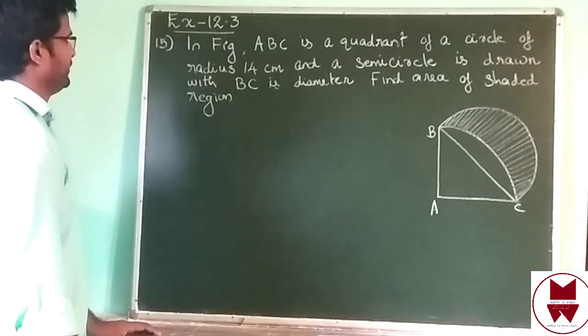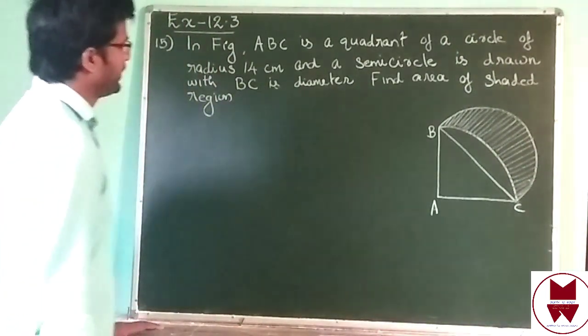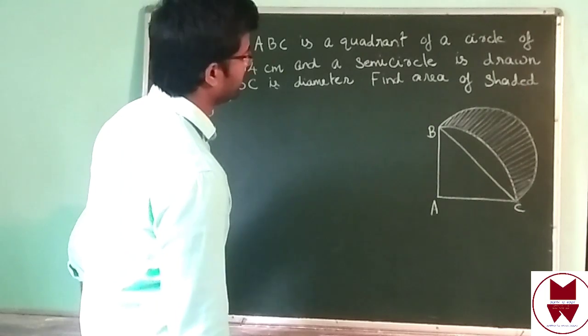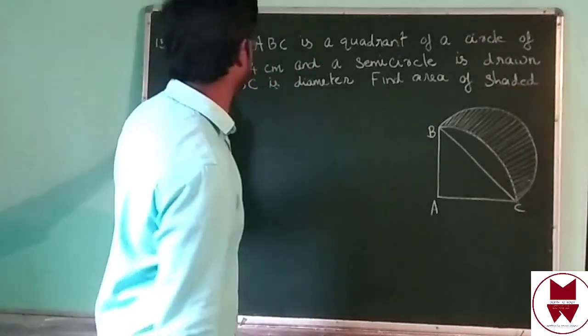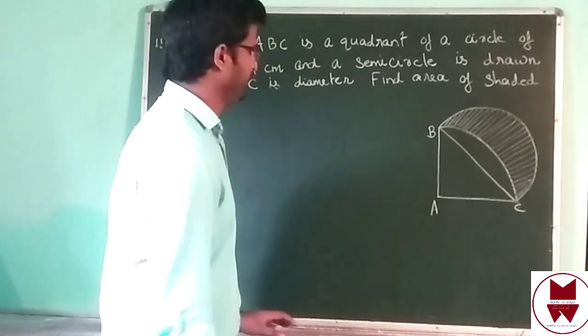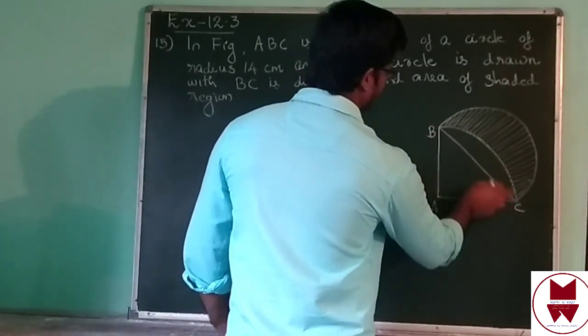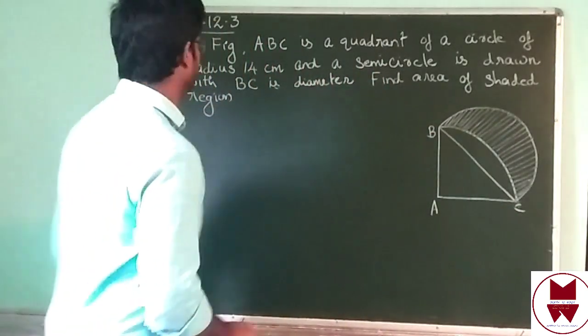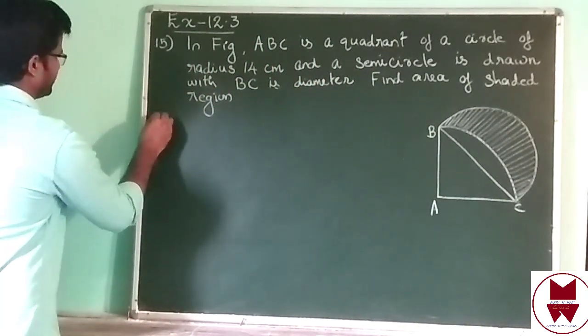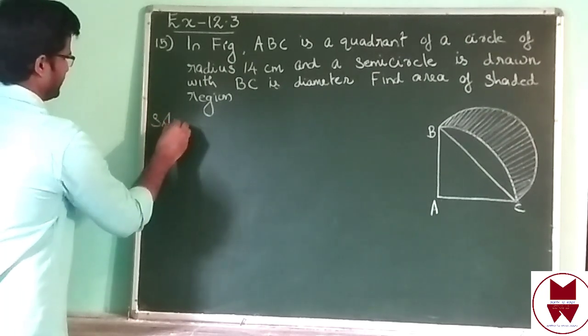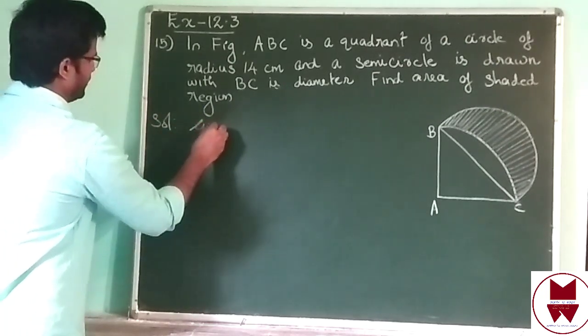Now question number 15. In the figure, ABC is a quadrant of a circle of radius 14 centimeter. Here ABC is a quadrant. Then you can write the solution. What things are given?